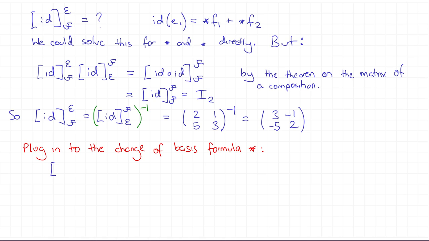I get that the matrix of T with respect to initial and final bases F is the matrix of the identity with respect to initial basis E and final basis F, times the matrix of T with respect to initial and final basis E, which turned out to be minus 16, 6, minus 45, 17, times the matrix of the identity with respect to initial basis F and final basis E, which was 2, 1, 5, 3.